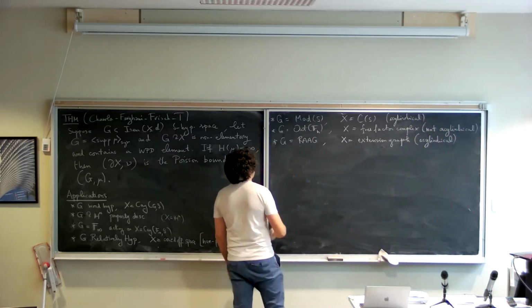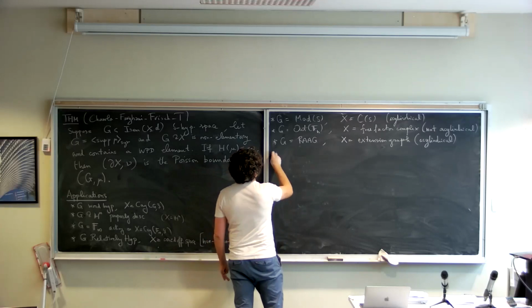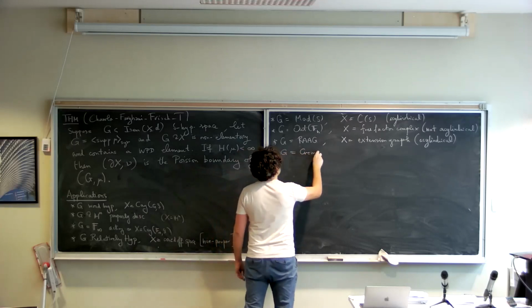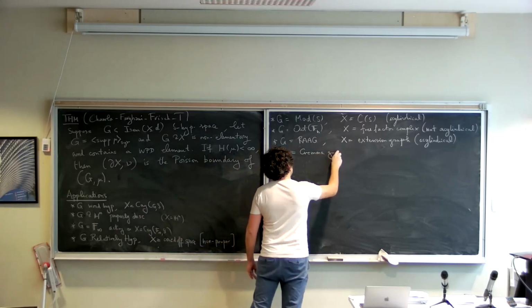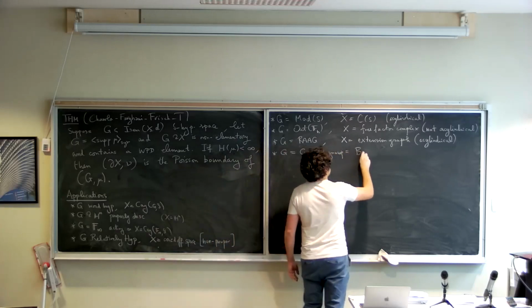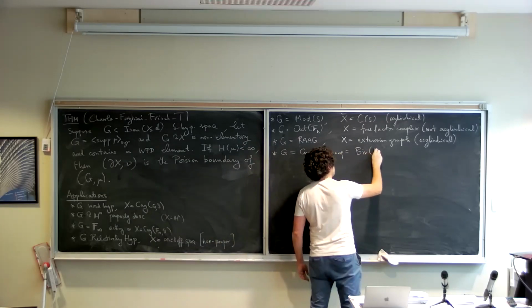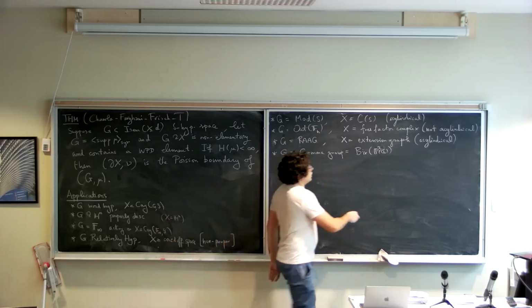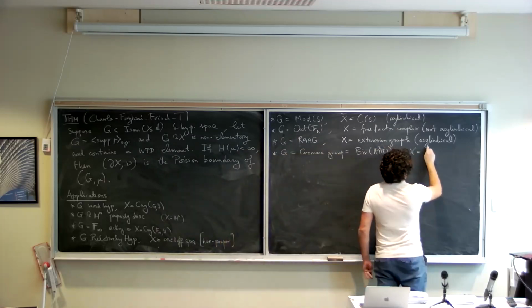And then what else? If you care, the other group could be the Cremona group, the group of birational transformations of P^2. It's a group coming from algebraic geometry, and it acts on the so-called Picard-Manin space.